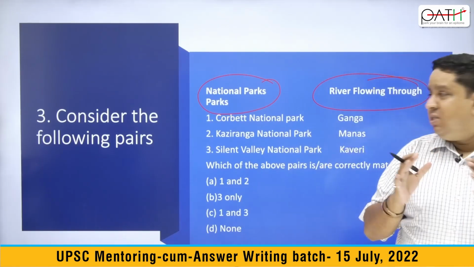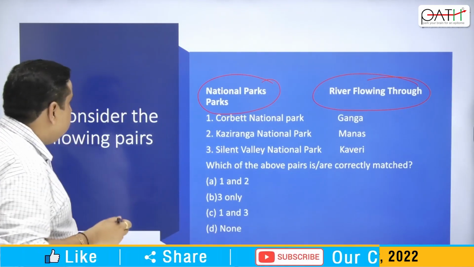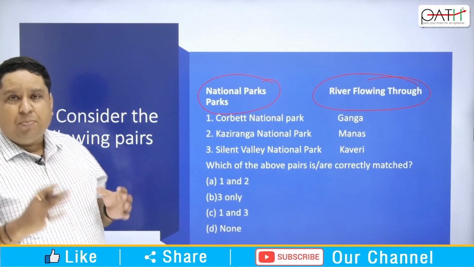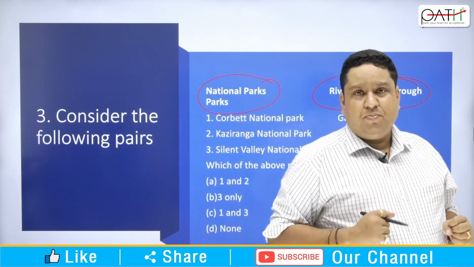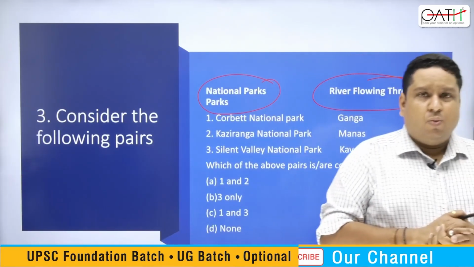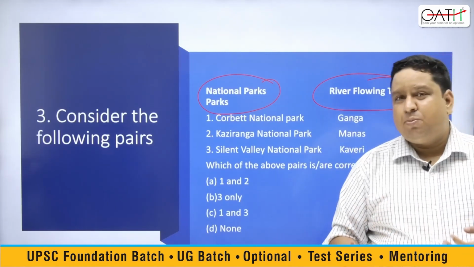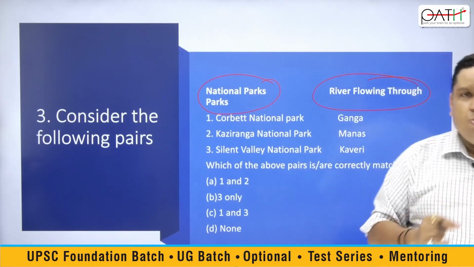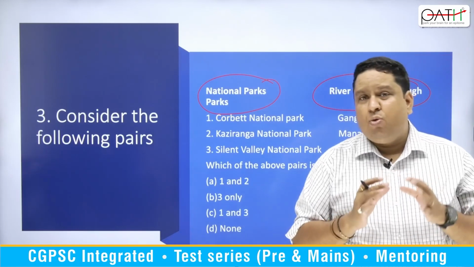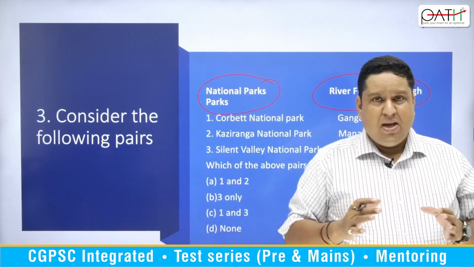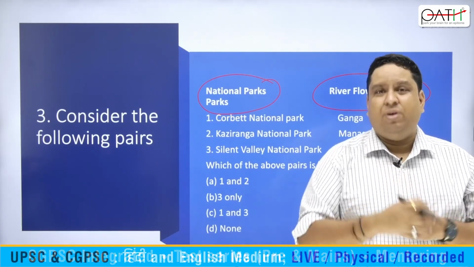Now, if you're preparing this section of rivers, what should be your prime areas of concern? It's a kind of dynamic topic, and you'll get a blended question. For example, whatever the place is, whether it's a famous place or a religious place, if it is in the news, you should have a clear idea in your mind that you have to locate that place on map, and at the same time you have to check that that place is drained by which river.